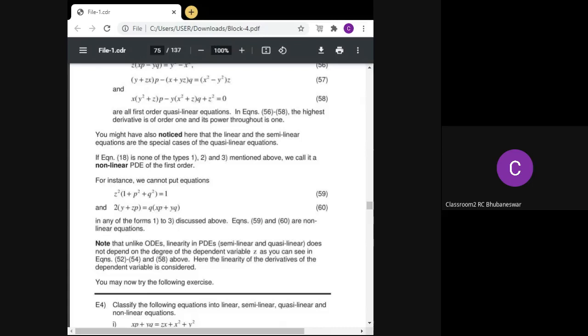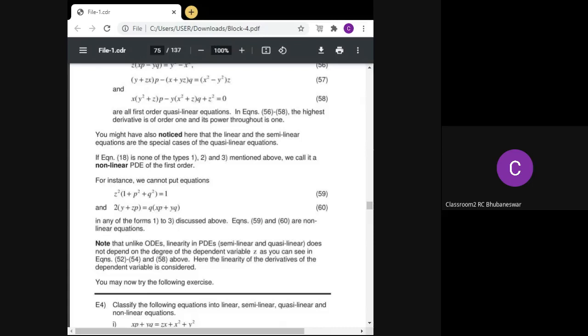That's why these are known as nonlinear partial differential equations of first order.